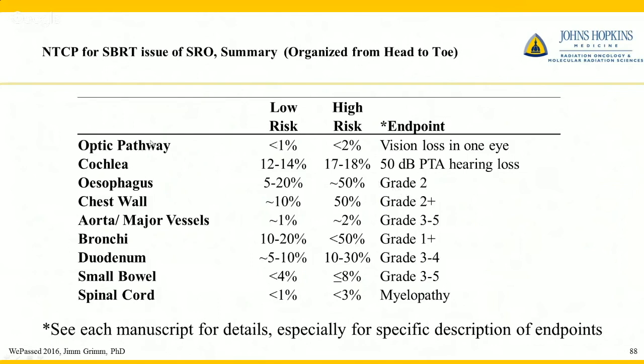But then something like optic pathway, you want the risk to be low. So optic and aorta and spinal cord, for all of them, the low risk was 1%, which is very good for those extremely critical structures.